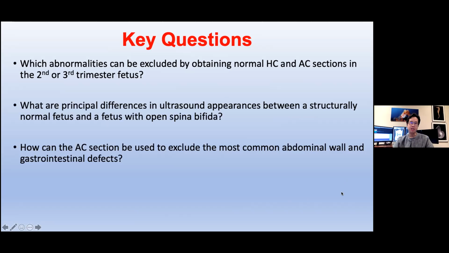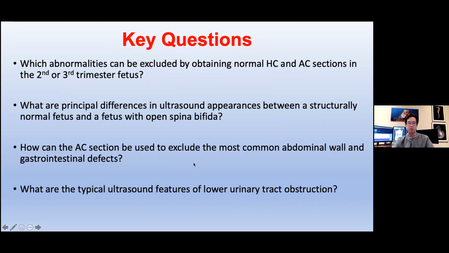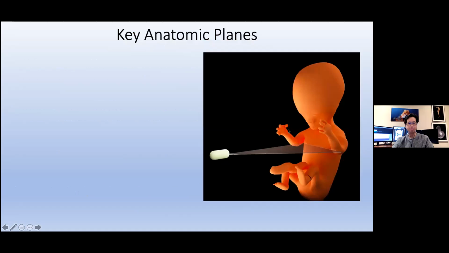And how can the abdominal circumference section be used to exclude the most common abdominal wall and GI defects? And finally, what are the most typical features of lower urinary tract obstructions on ultrasound?